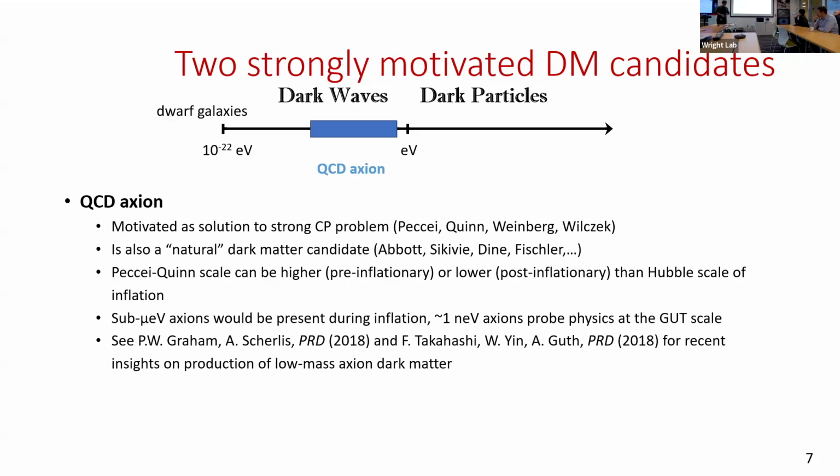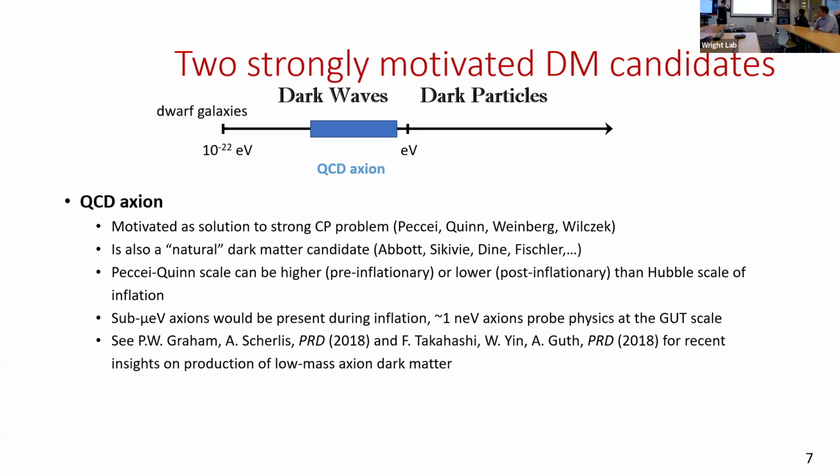And the axion gains mass through the QCD phase transition. Very soon after this proposal that the QCD axion could solve the strong CP problem, there was an observation by a number of theoretical physicists that it also makes a very natural dark matter candidate, because it has to have feeble couplings to the standard model.